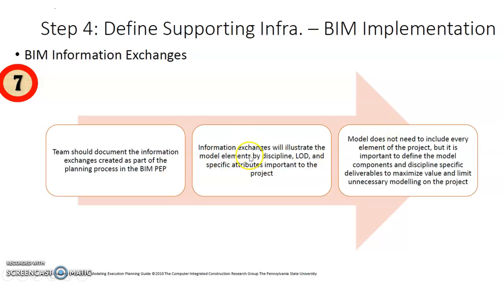So the information exchange will illustrate the model elements by discipline, whether it's architecture, structure, M&E, and so forth. LOD, the level of detail, whether you are using the US system or the UK system. The US system is LOD 100 until 500. The UK system is LOD 1 to LOD 7. And the specific attributes important to the project.